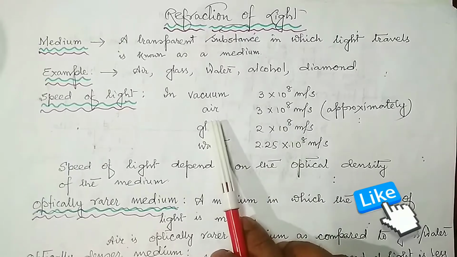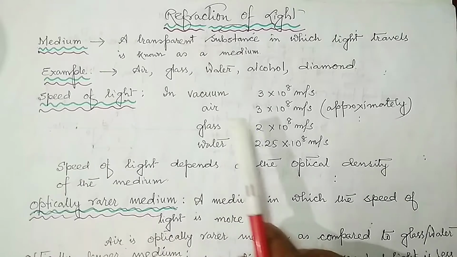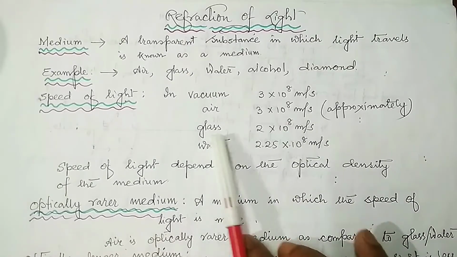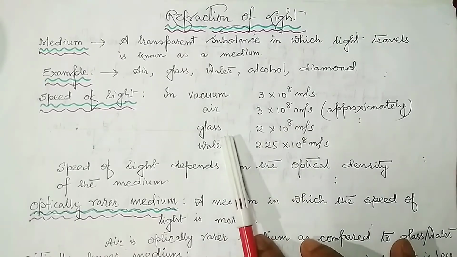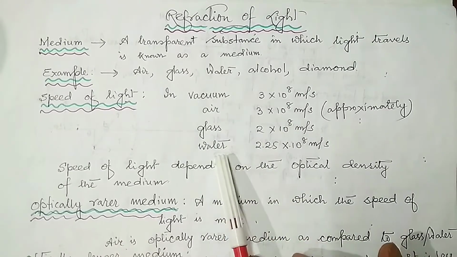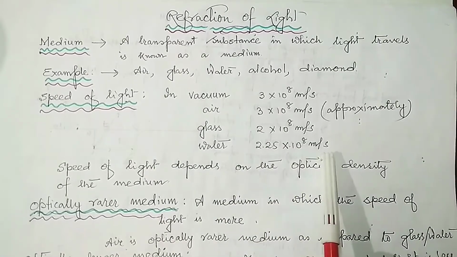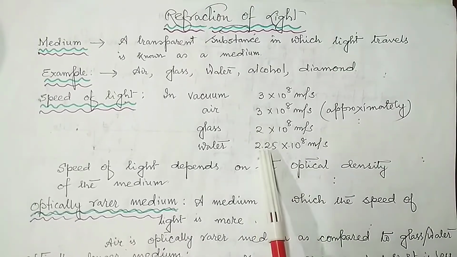In air, it is marginally less, but for practical purposes, we always consider 3 into 10 to the power 8 meters per second. In case of glass, it is approximately 2 into 10 to the power 8 because it depends on the type of glass. And in clear water, it is around 2.25 into 10 to the power 8 meters per second. In this way, the speed of light is different in different media.